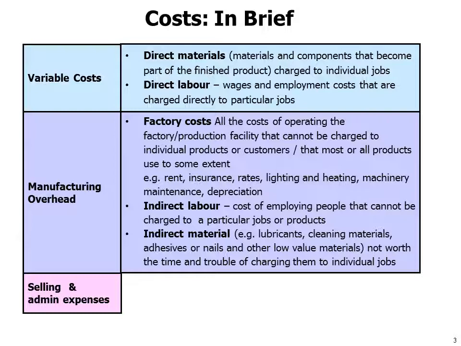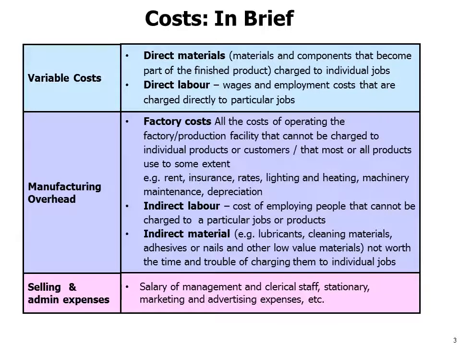And there's also indirect material, items such as lubricants and cleaning materials, adhesives and other low-value materials that are not worth the time and trouble or cannot easily be charged to individual jobs or products. And away from the factory, we've got selling and admin expenses. These are the costs related to running the business. So salary of management and clerical staff, stationery, marketing and advertising expense, and head office expenses.